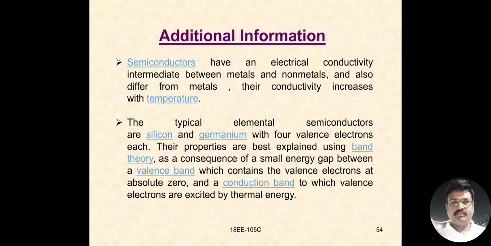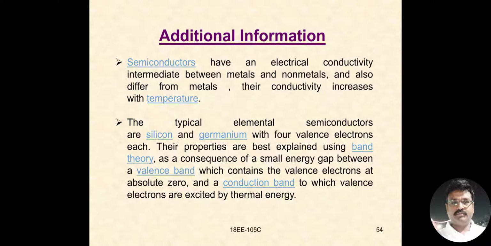Now, semiconductors. Semiconductors have an electrical conductivity intermediate between metals and nonmetals and also differ from metals. Their conductivity increases with temperature. The typical elemental semiconductors are silicon and germanium with 4 valence electrons each.